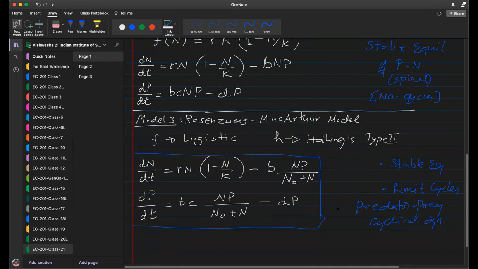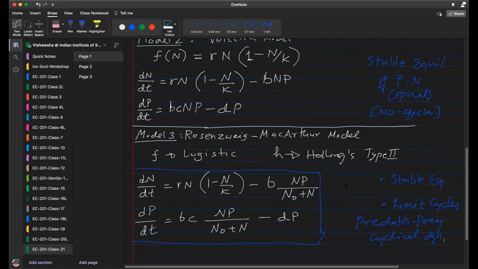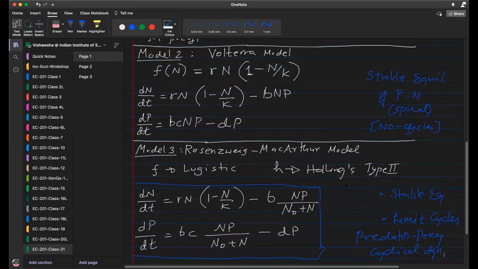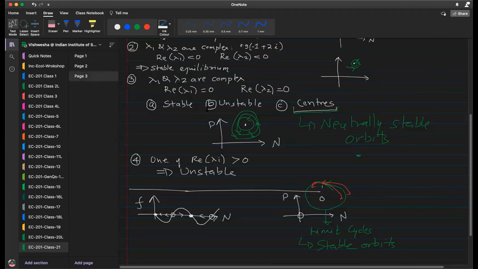So what I will try to do is send an R code where you can do numerical simulations of all of this, to get some intuition of how the dynamics plays out. But do see if you can, it's worth trying out for yourself. Can you do this Jacobian analysis?